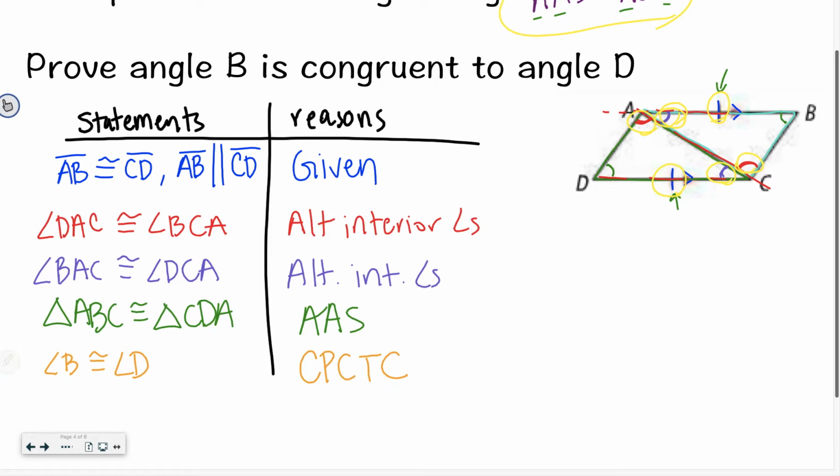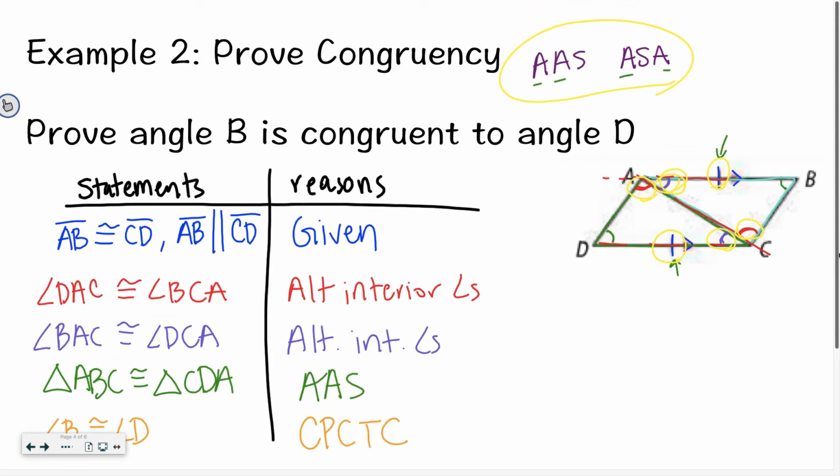whenever you are given a picture with two, in this case it's triangles, but two shapes that are exactly the same, and you're trying to prove that an angle is congruent to an angle or a side is congruent to a side, 99% of the time you are going to prove that those two figures are congruent first. In this chapter, that means you're going to use angle, side, angle, angle, angle, side, side, side, side, or side, angle, side.